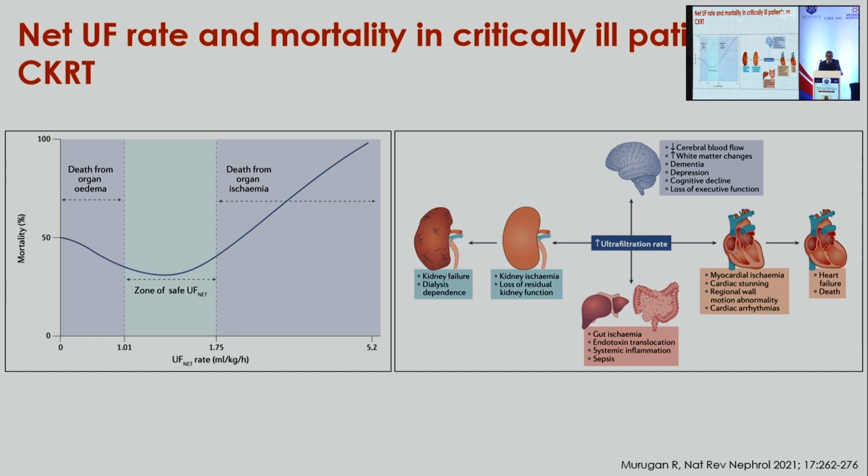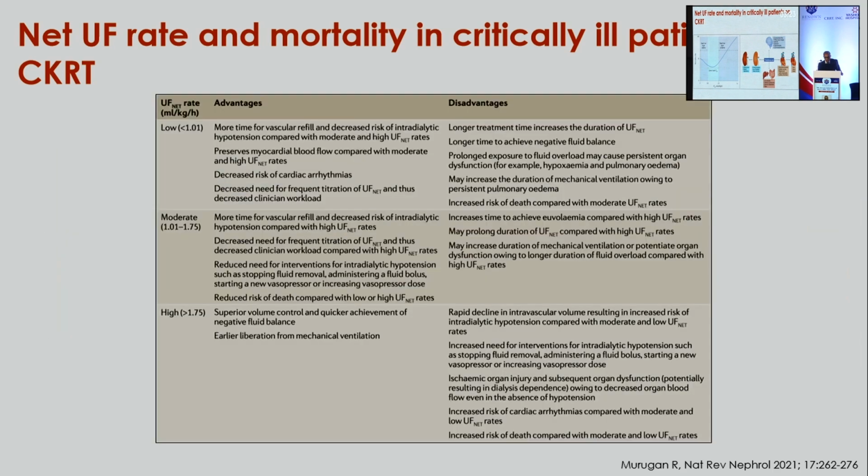And from a kidney perspective, episodes of intradialytic hypotension or reduced perfusion would promote kidney ischemia and loss of residual kidney function, landing up with kidney failure and dependence on dialysis. Patients with such episodes may also exhibit gut ischemia, endotoxin translocation and sepsis.